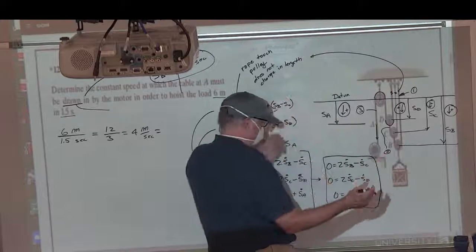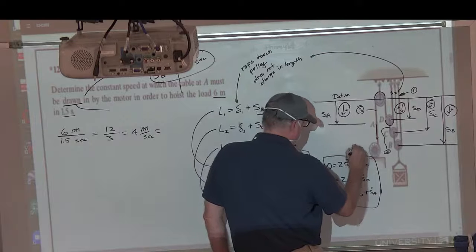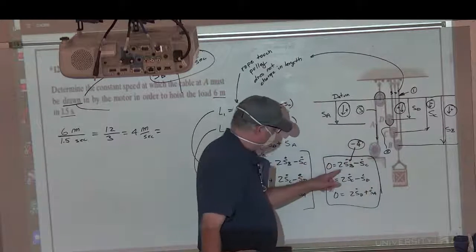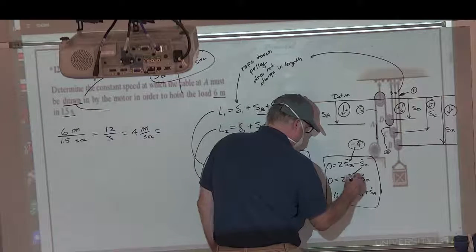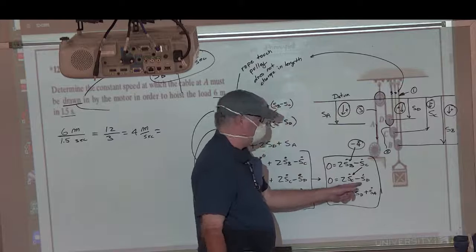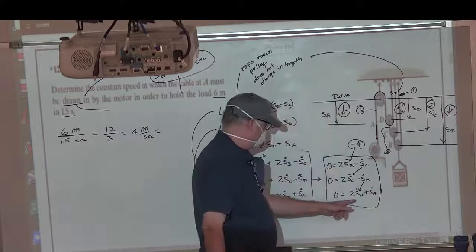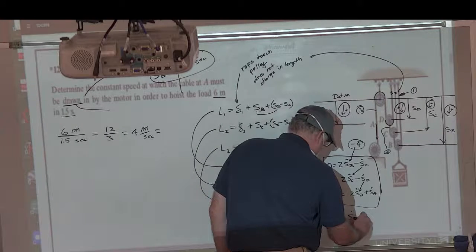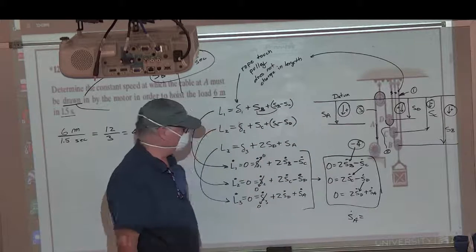Here's the rest of the workflow. I insert the value of minus 4 here. From that equation, I get SC. From SC, I insert it here. From this equation, I get SD. From SD, I get this equation, and I insert it into here. I'll pull out SA, and I get the answer out of that last. So I just propagate down the equations and get the solution. That's it.